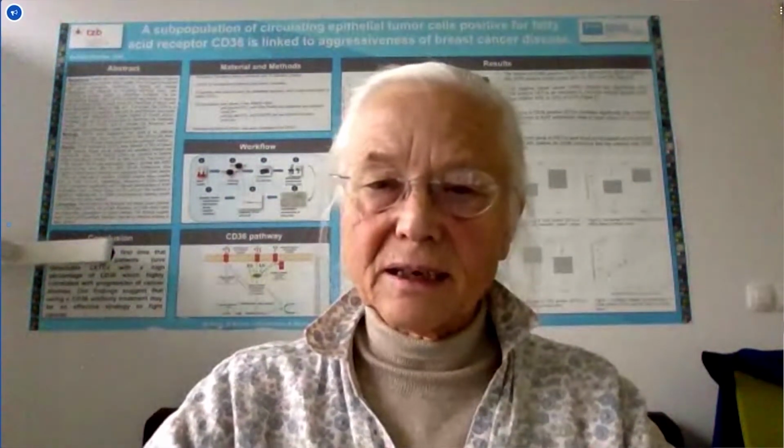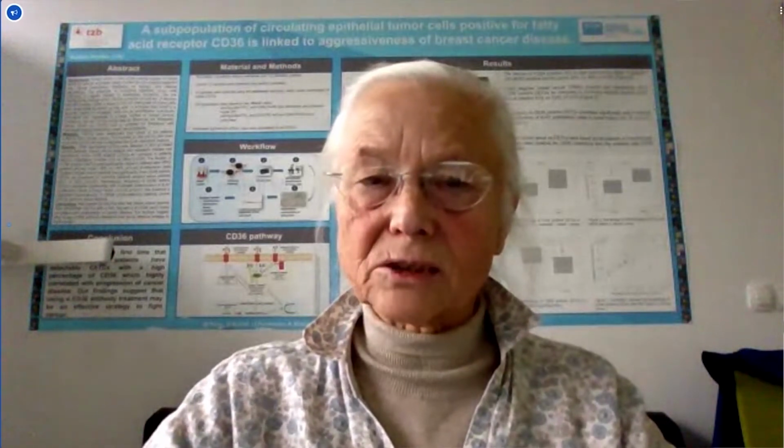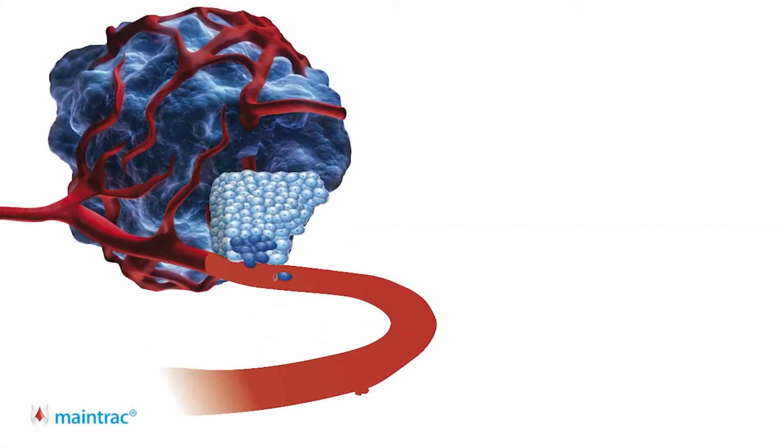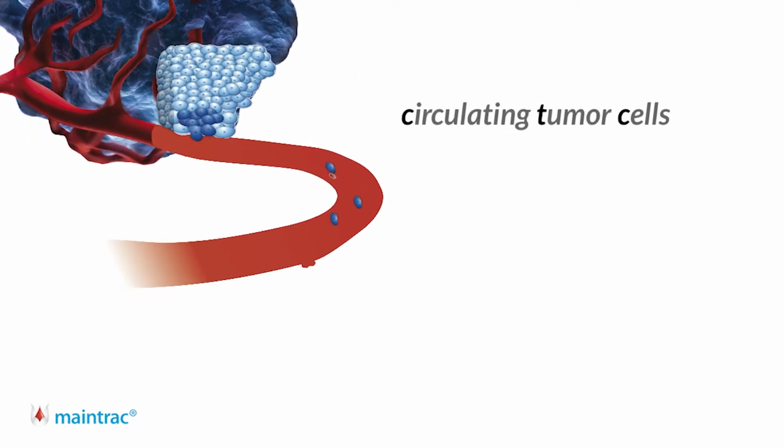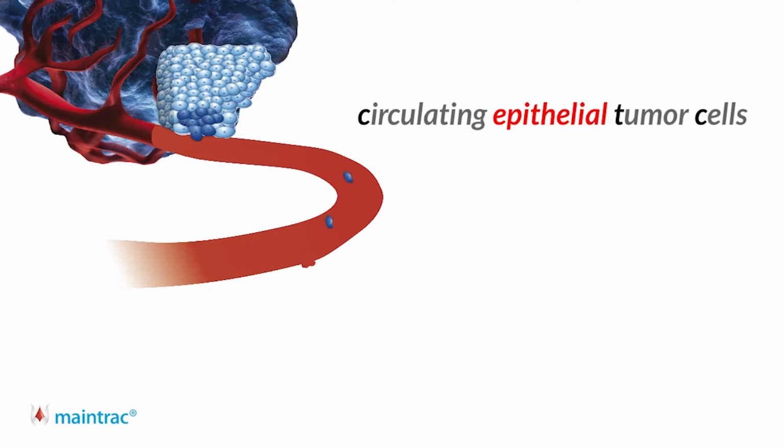Yeah, the term CTC refers to all circulating tumor cells, and there are also blood tumors like lymphoma, leukemias, and this would include all these cells in the blood. But what we do is we determine the number of cells from epithelial tumors in the blood. So we restrict it to epithelial tumors, and that's why we included the E, circulating epithelial tumor cells.